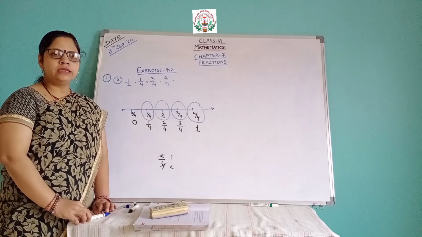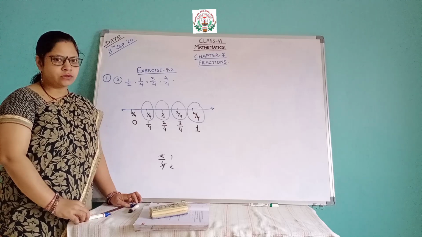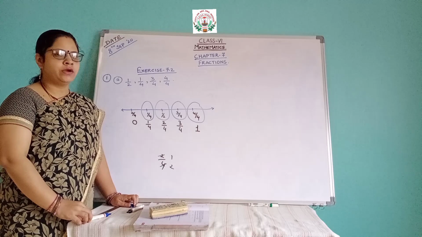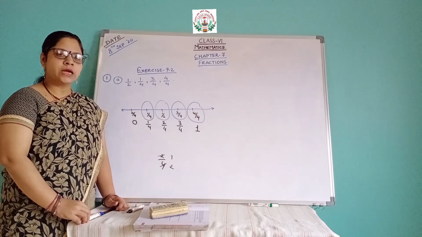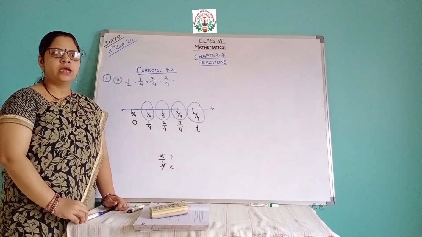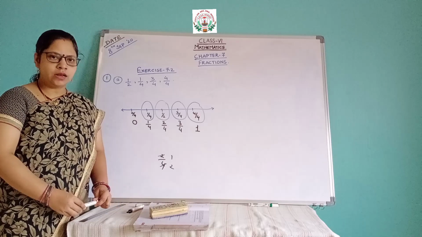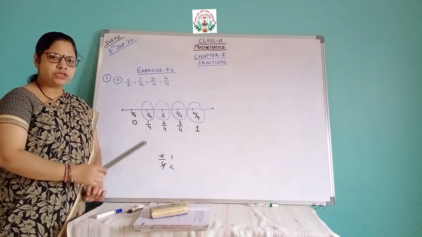If you are not getting the PDF, sometimes I am sending the PDF also. Sometimes if I don't send the PDF, then you have to do it that way. Watch through this whiteboard, understand, then pause and just write in your copy. If possible, I will be giving you the PDF also. So this first part is over.